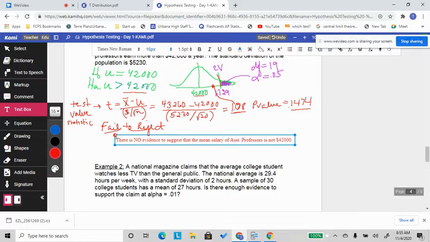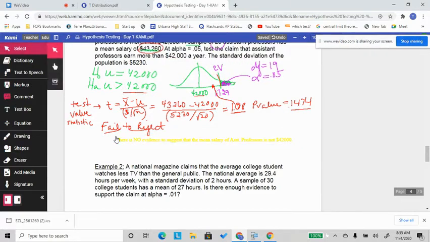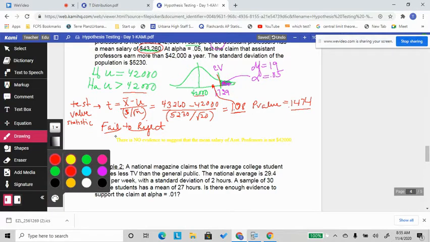We were trying to shift an entire curve greater than 42,000. So what you're doing in a hypothesis test is you're trying to take an entire curve of 42,000 and say the whole curve is greater than 42,000. So did we have enough evidence to do that, to shift it up? No. Why? Because our test value from our data landed in white.